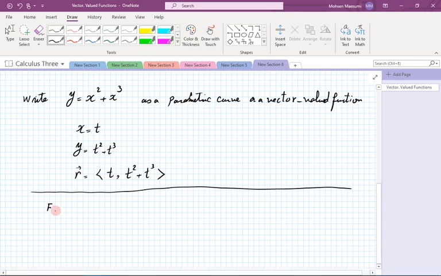So here's a question: find the intersection of y is equal to x squared and x squared plus y squared plus z squared is, say, equal to 2.